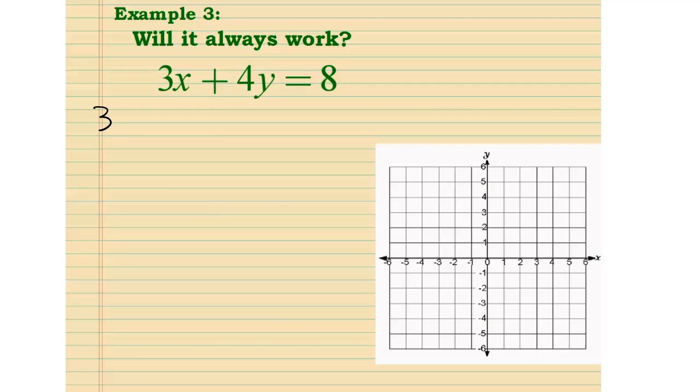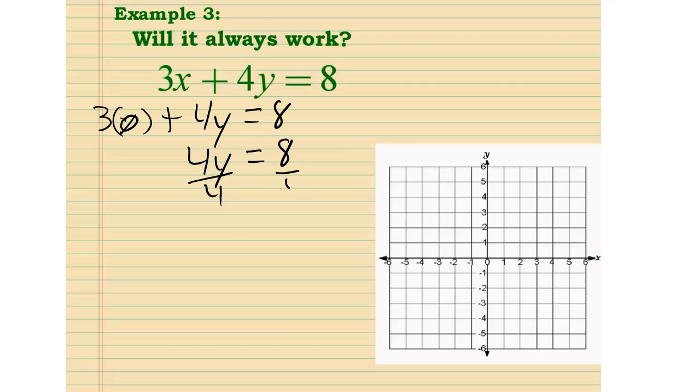So first I'm going to plug in 0 for x and find the y-intercept. 3 times 0 is 0, and I get 4y is equal to 8. Divide both sides by 4, y is equal to 2. All right, that's up 2 on the y-axis. So my y-intercept is 0, 2.